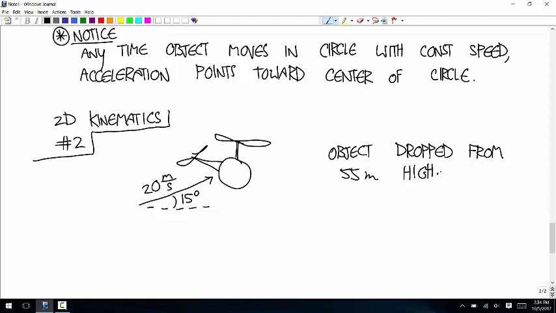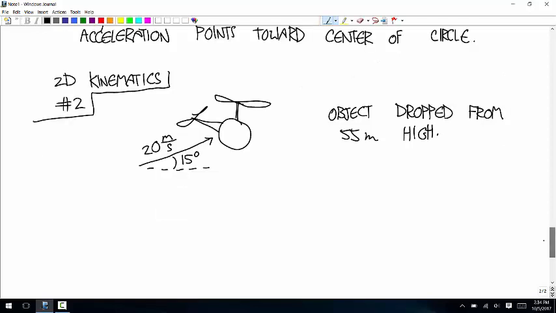Maybe I'll skip those. But the last one is different from other stuff that we've calculated. So it says, what's the object's velocity vector when it's released?